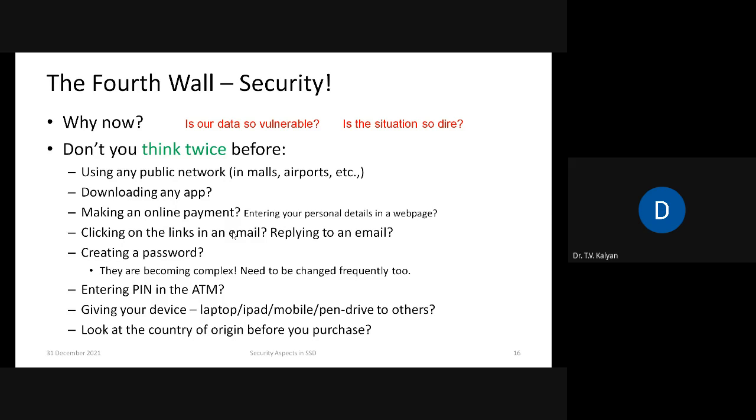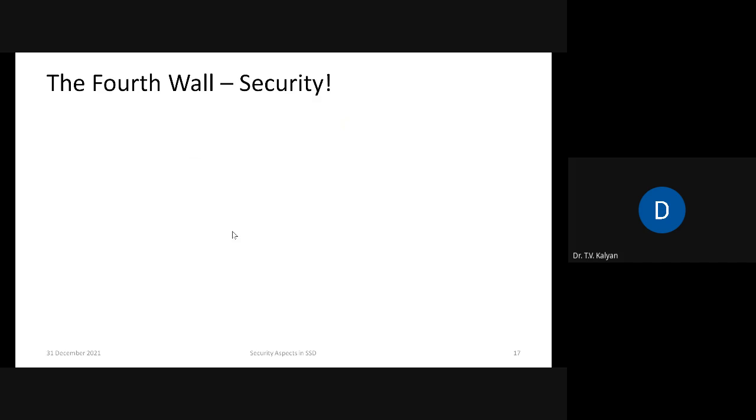Now, why it has become more and more relevant is because of the increased global connectivity that we have, increased speeds, and increased capacity of the connected devices.